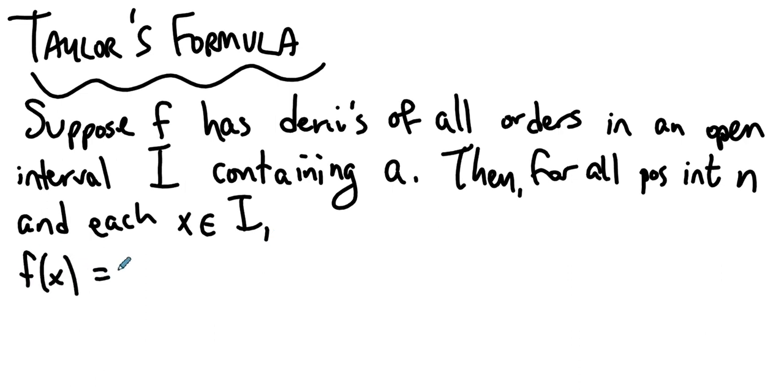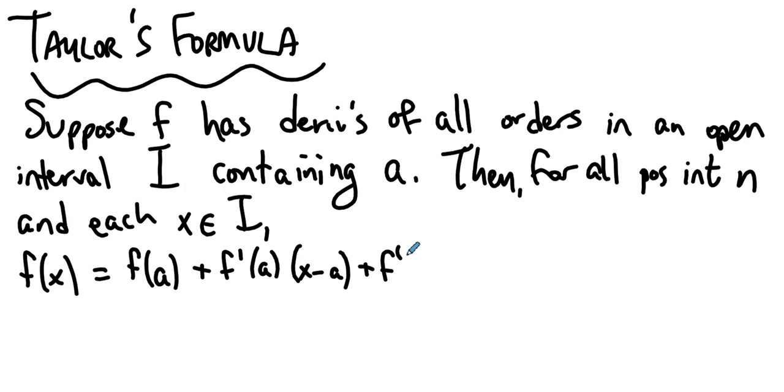f of x is, and what's going to pop up here looks a heck of a lot like the thing we did with Taylor series. f of a, f prime of a times x minus a, f double prime of a over 2 factorial times x minus a squared, and then it goes for a while.